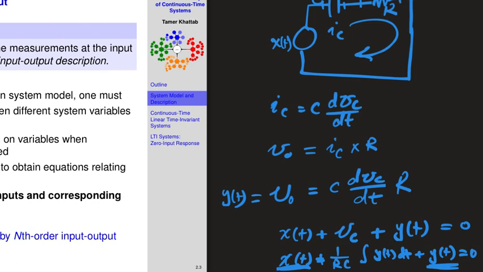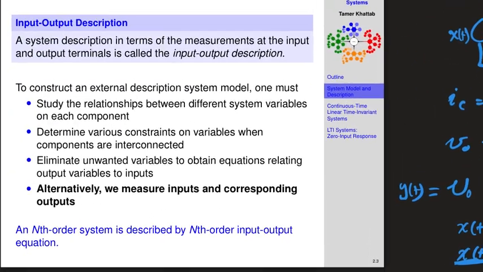So you apply that particular input to the system, and then you measure the corresponding output, and that allows you to get directly a relation between the input and the output that can be generalized, not only for those specific inputs and outputs, it can be generalized to any general input and output, and accordingly you get an input-output relation without really studying the elements inside the system, okay? So that's the other way, which is measuring inputs and outputs for specific characterizing inputs, and then accordingly you get the relation.